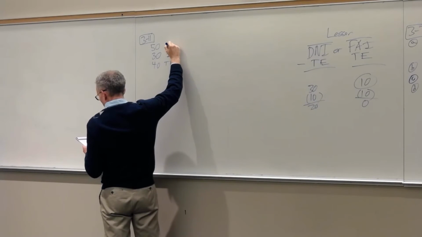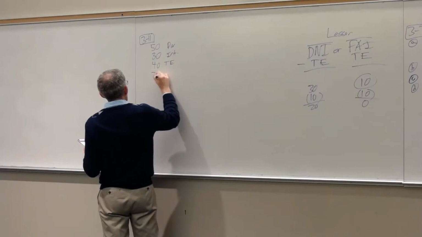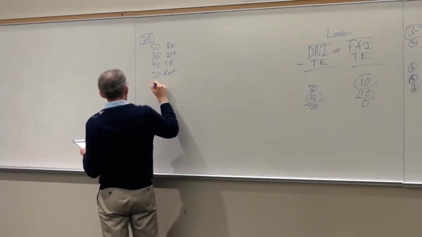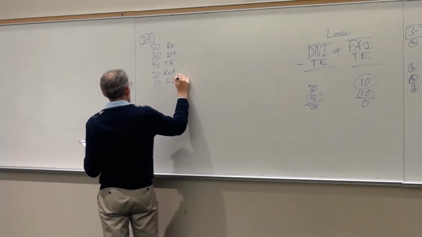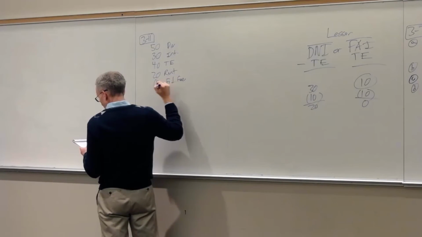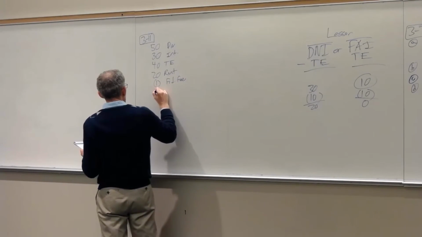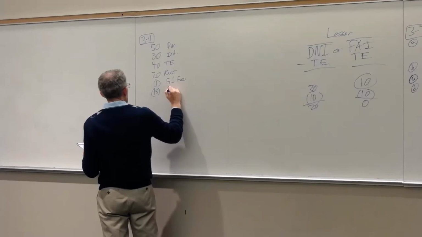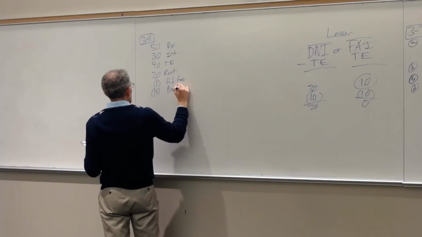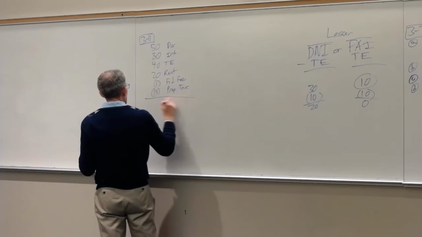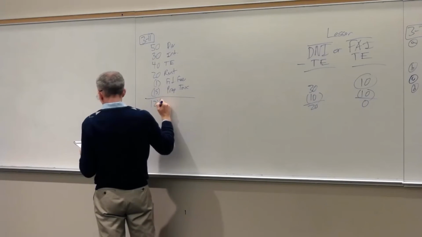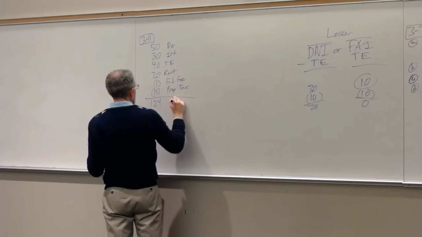Dividends. 20,000 of rent. $1,000 fiduciary fee. 15,000 of property tax. Fiduciary accounting income is 124.